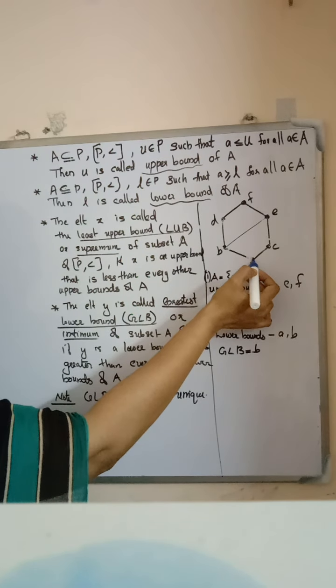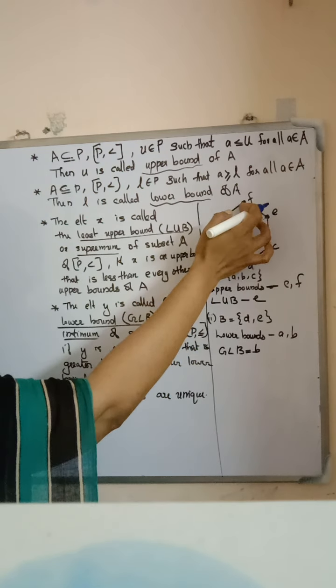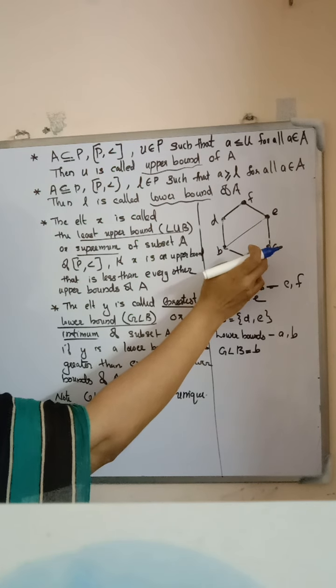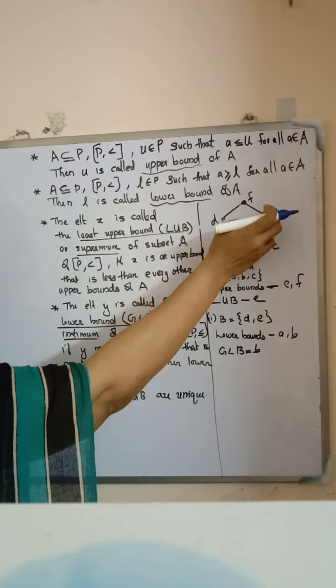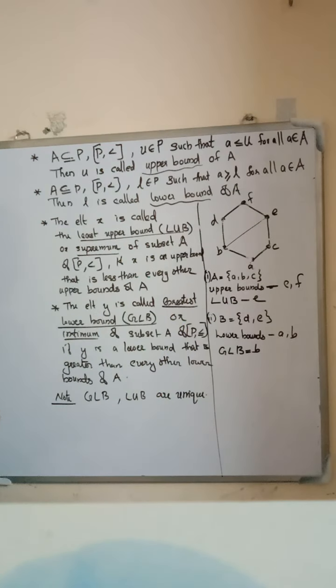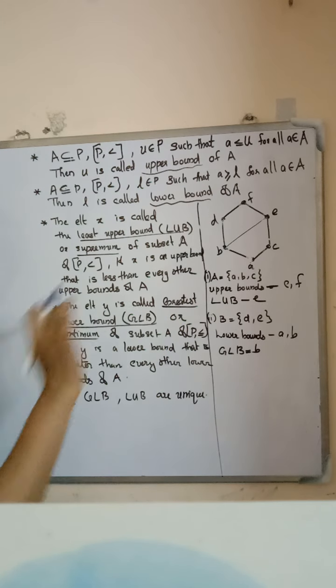Also, is there a relation from A to F? Yes, because A is related to E and E is related to F. So A is definitely related to F by transitivity.